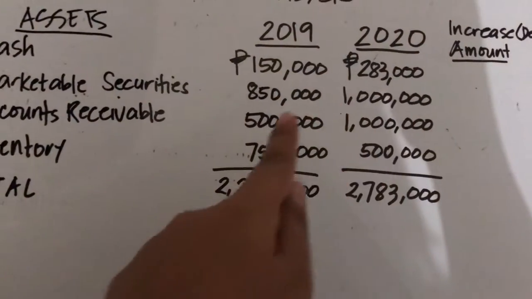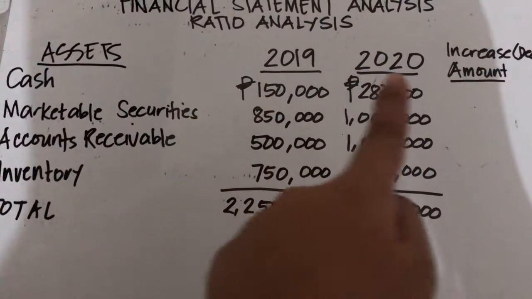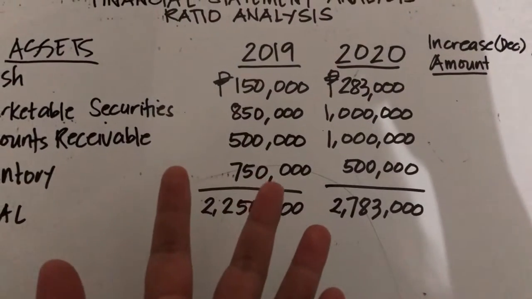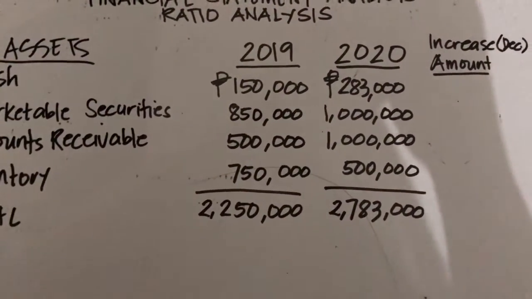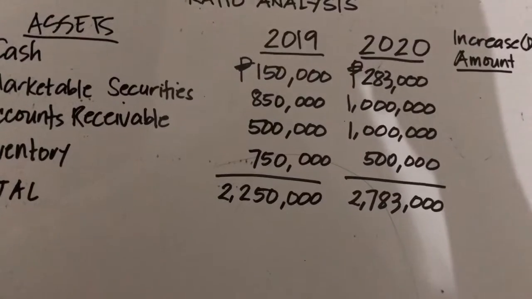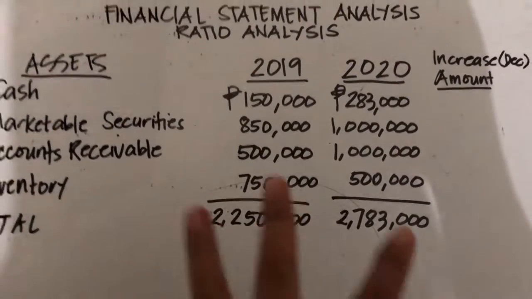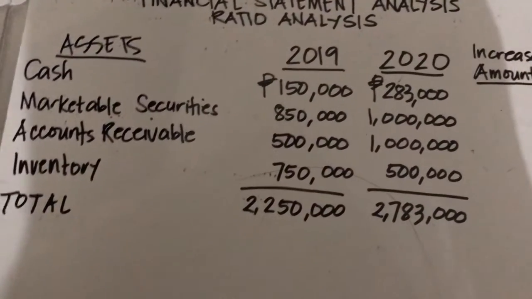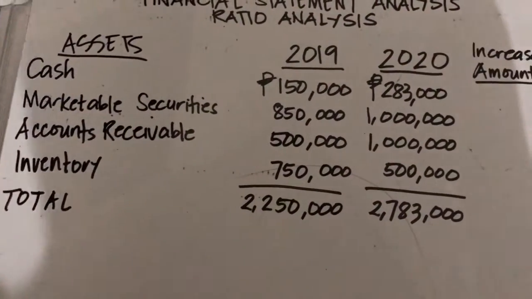And by doing, makukompare mo kung yung company ba ay nag-gain or bumaba ba yung kanilang assets, for example. So, makikita mo yan by comparing two or more financial statements. So, mamaya ituturo ko sa inyo kung paano yon.